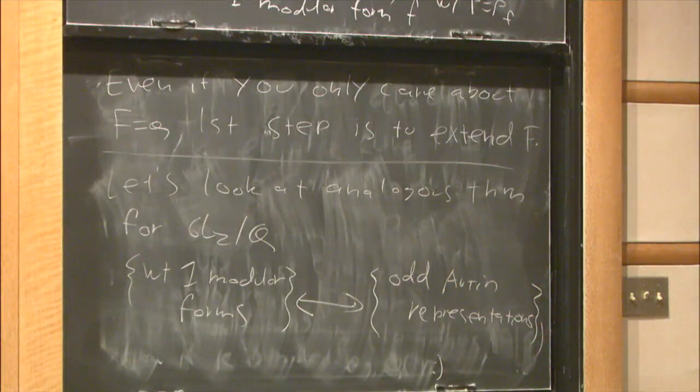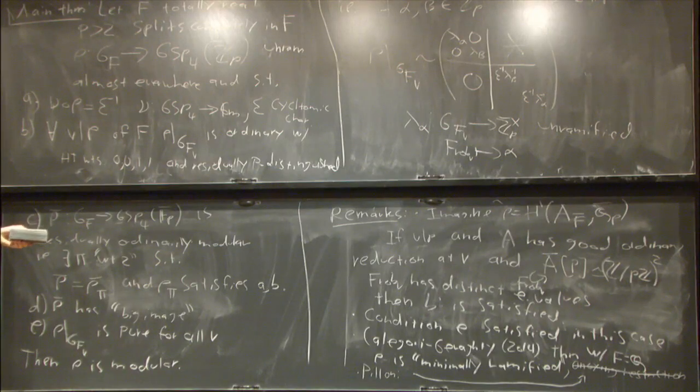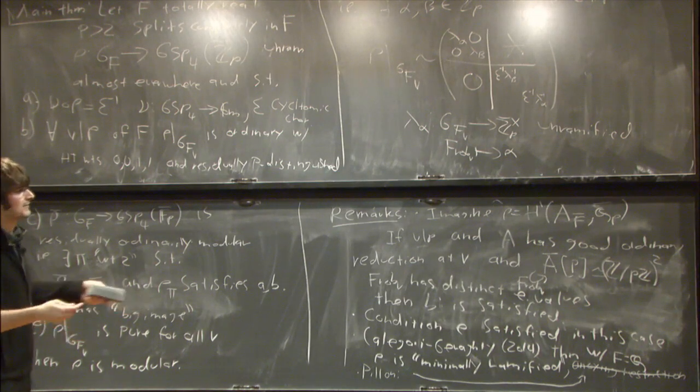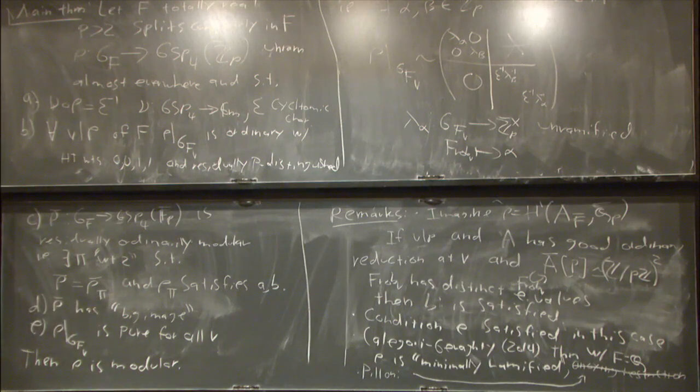I want to say a little bit about what happens when you try to prove this theorem using the Taylor-Wiles method, which I hope will clarify what's interesting when you're in irregular weight. Then I'll say a little bit about how Buzzard and Taylor proved this, and then I'll discuss another approach due to Calegari and Geraghty.